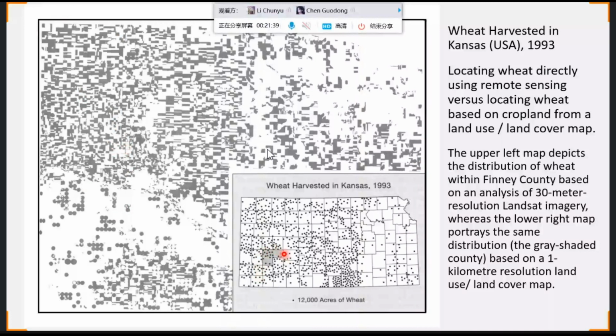It's about this county here. And here you have the detailed information from remote sensing. So maybe you have seen this kind of pattern before in remote sensing data. These circles are typically areas that are used for irrigation.